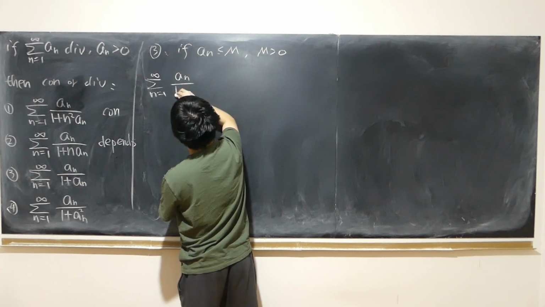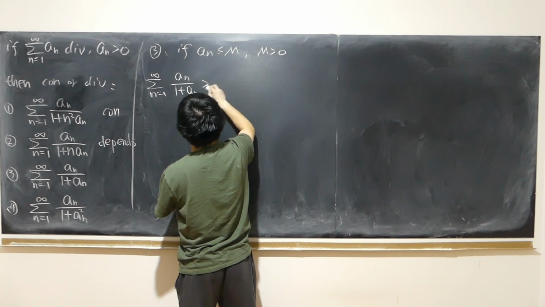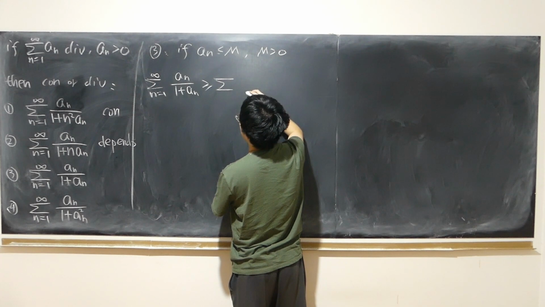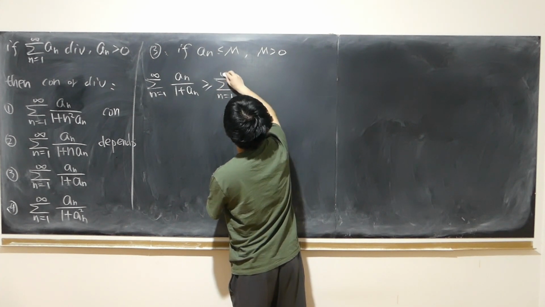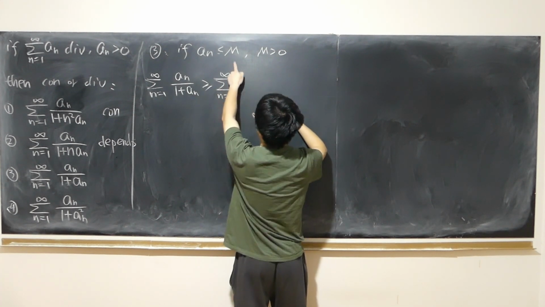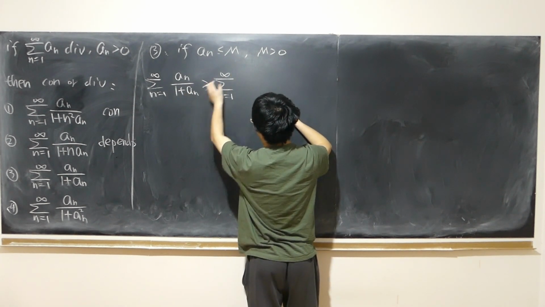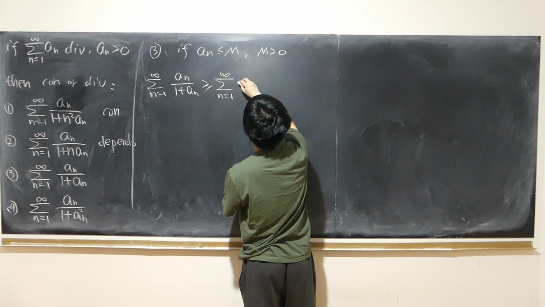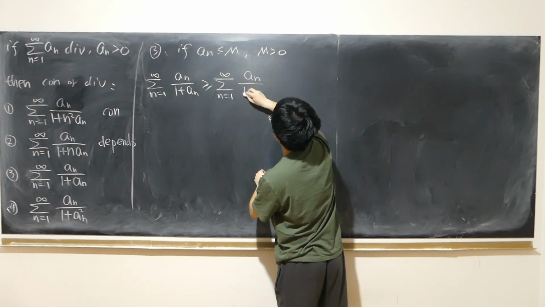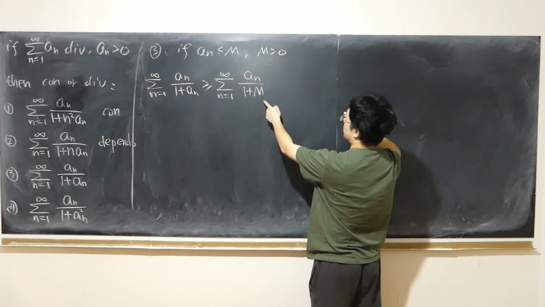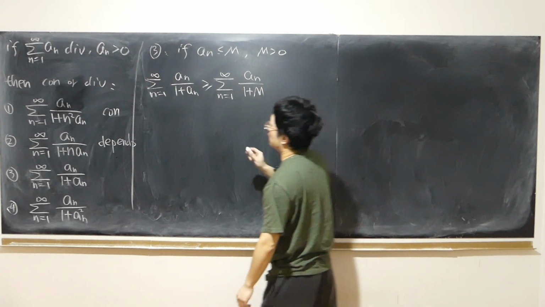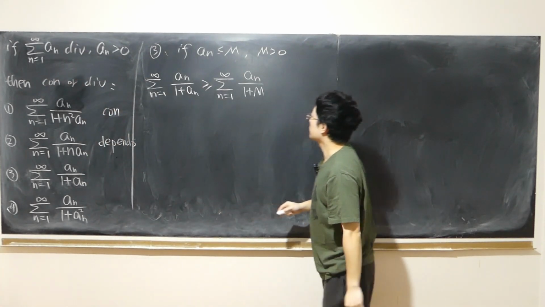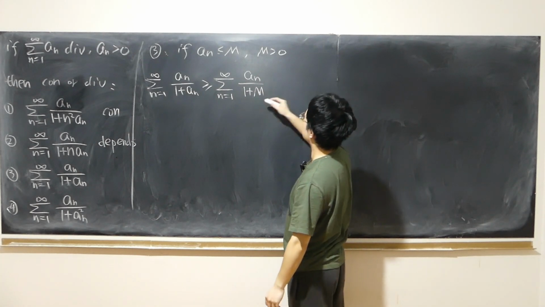Let's loosen it: 1 plus a_n is less than or equal to 1 plus M, so I replace a_n at the bottom with M, so the bottom becomes bigger and the whole thing becomes smaller. So a_n over 1 plus M, where M is a fixed positive number. Given that the series of a_n is divergent, this is obviously divergent.